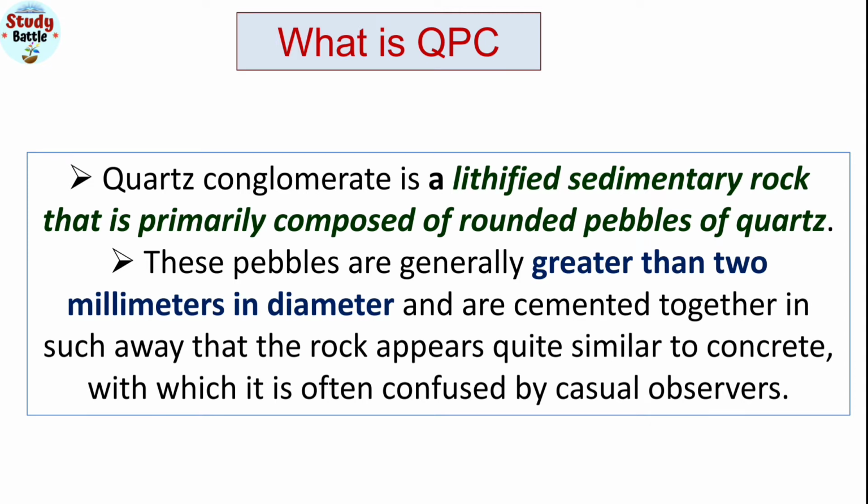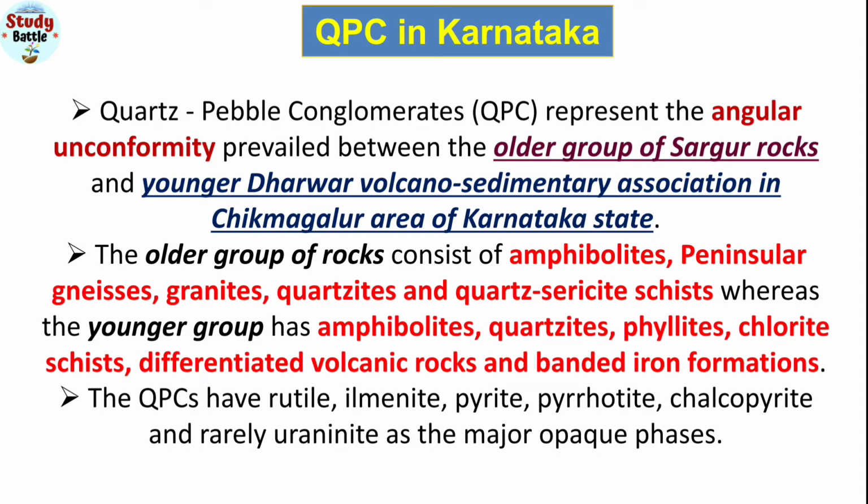If you observe that strata casually, you may be confused whether it's QPC or concrete. Further detailed investigation is necessary in order to differentiate between QPC and cement or concrete.